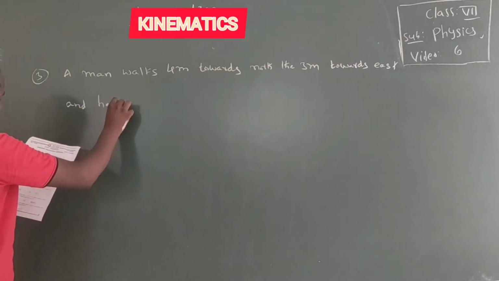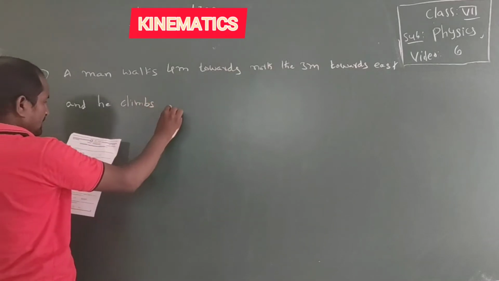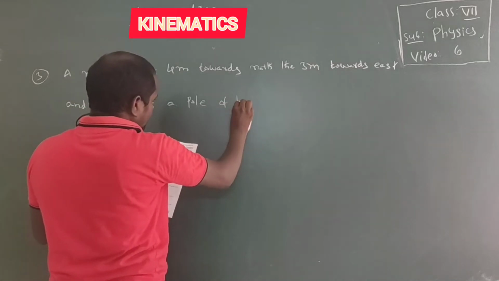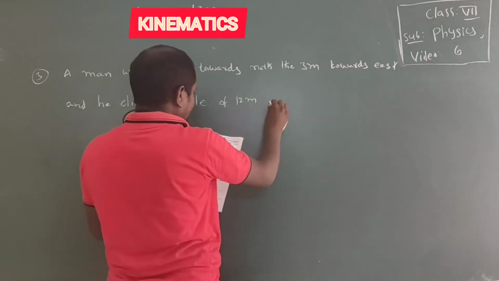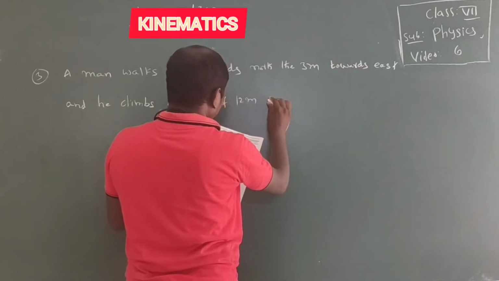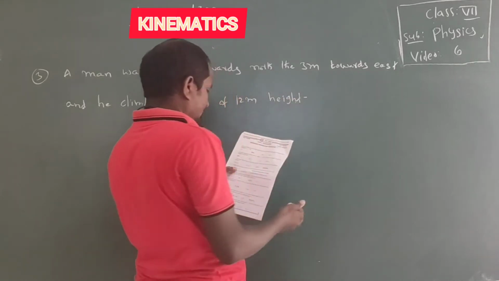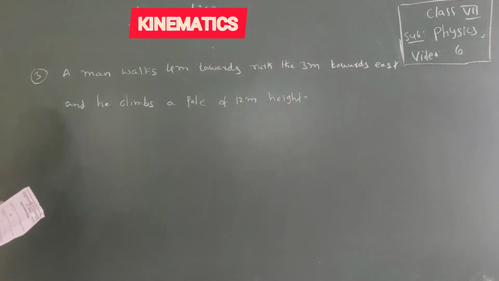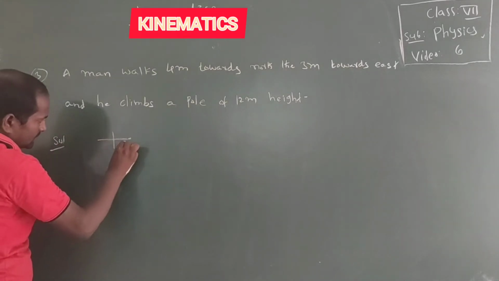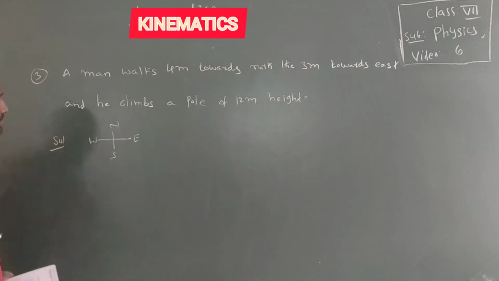And he climbs a pole of 12 meters height. Okay, what is the distance here? It is the diagram: east, west, north, south.